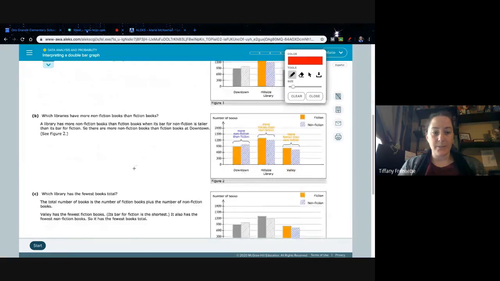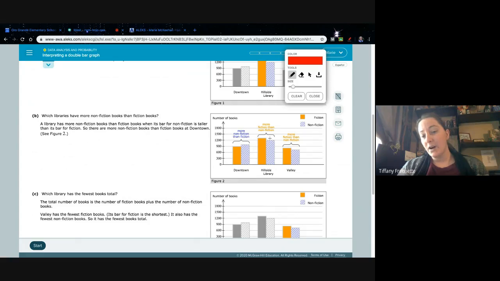All right, which libraries have more nonfiction books than fiction books? So we just want to look at the bar graphs, and remember, orange is fiction, and the striped is nonfiction. And we want to know which one has more nonfiction. So we're going to look at the 2 bars and say, well, nonfiction is taller, that means it has more.